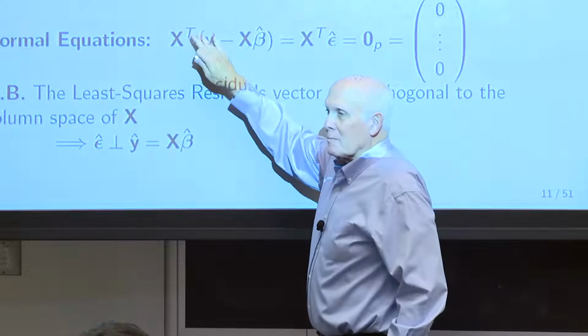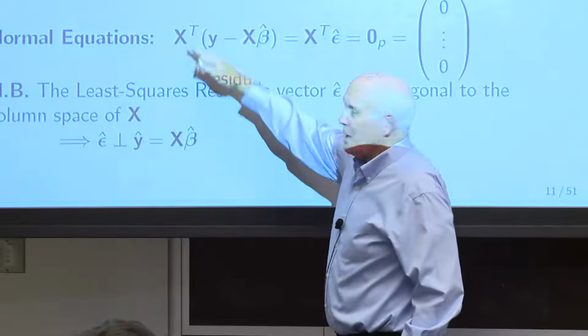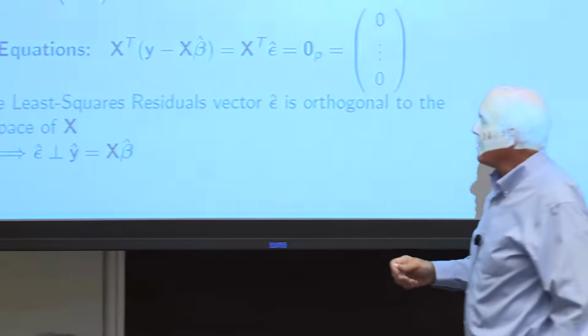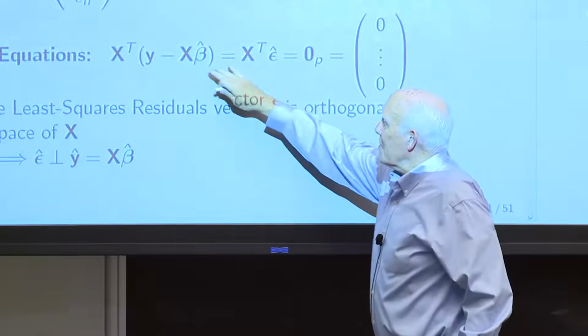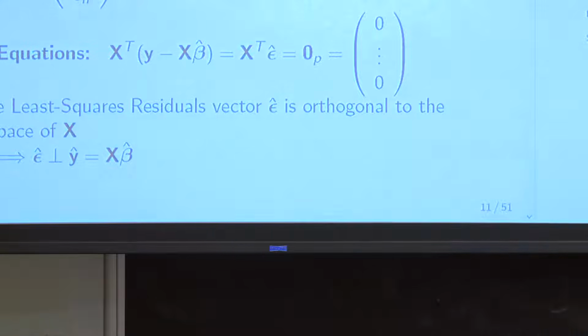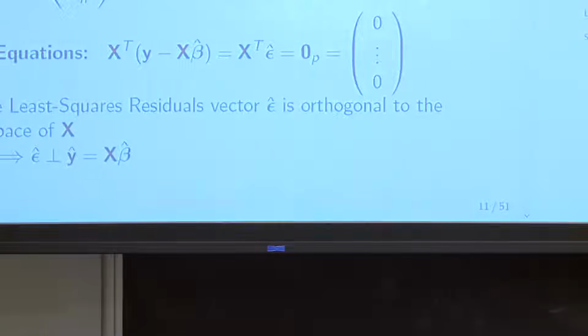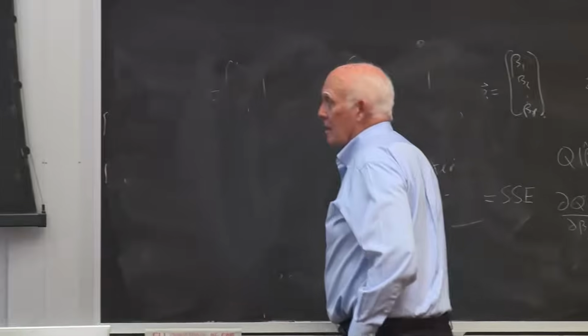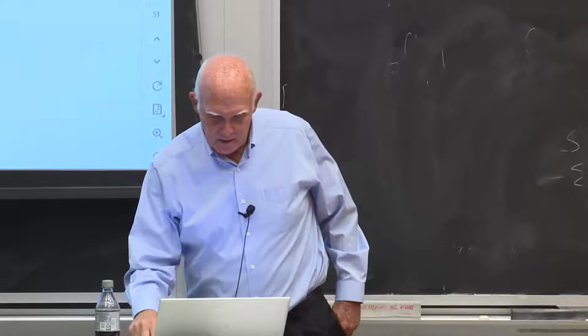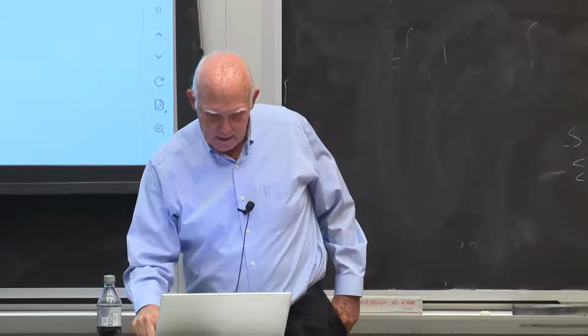And if we multiply that n vector by the transpose of X, and it's equal to 0, then we must have that the error vector epsilon hat is orthogonal to X. Now, let's see, I'm not sure if it's on the next slide or not.